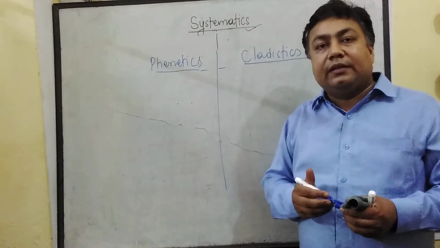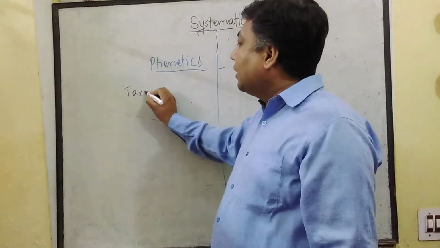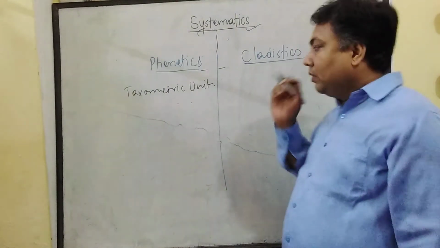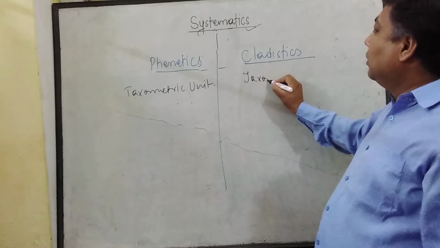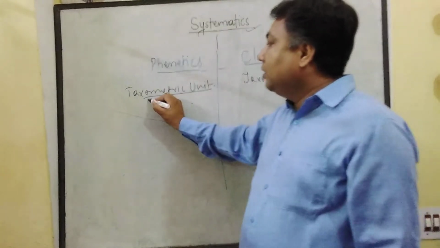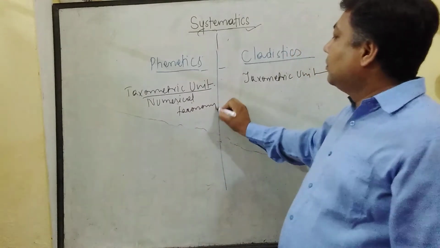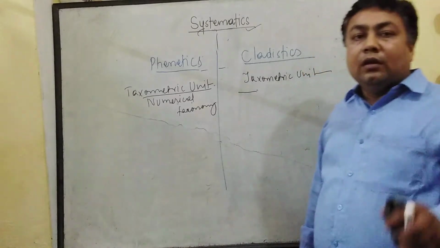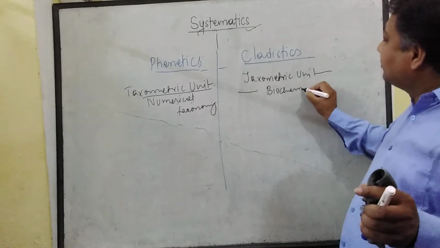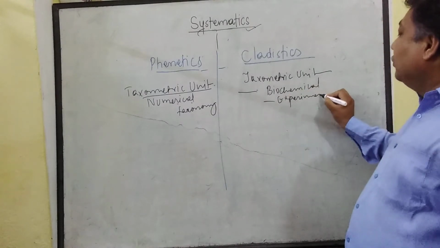What is the difference between phenetics and cladistics? Both are taxometric units. Phenetics is used in numerical taxonomy, and cladistics is used in biochemical as well as experimental or phylogenetic taxonomy.